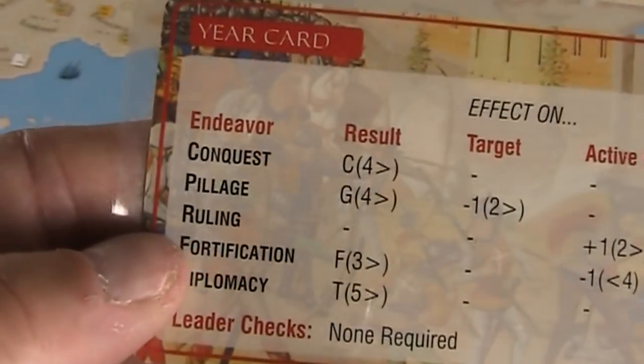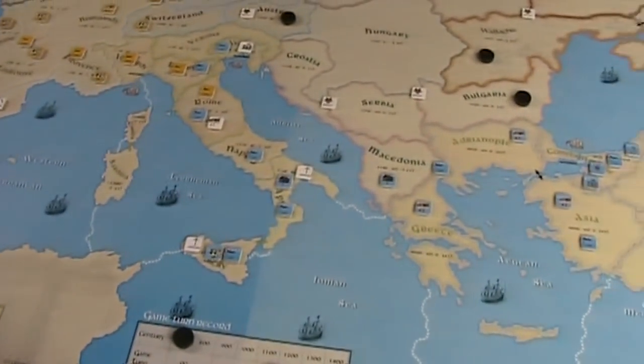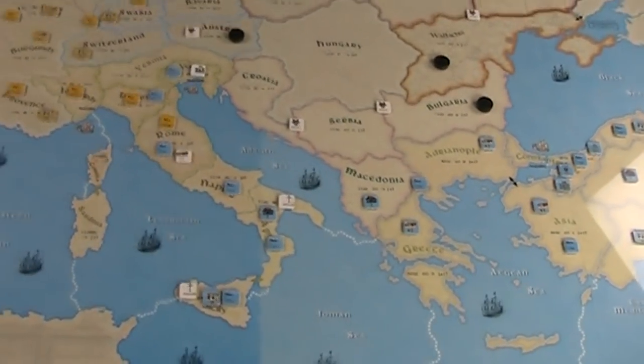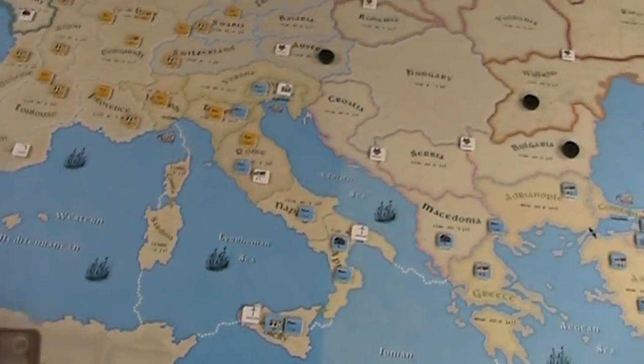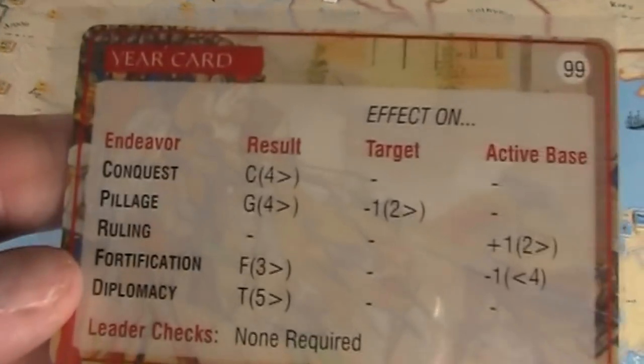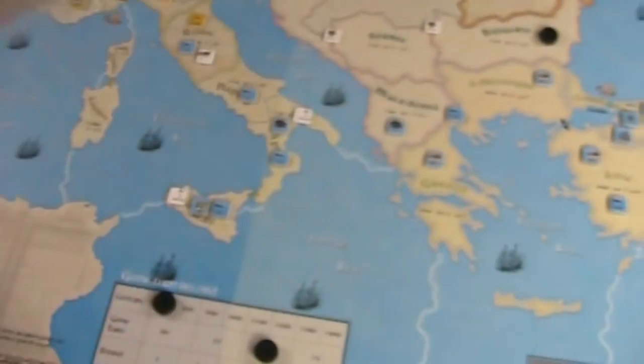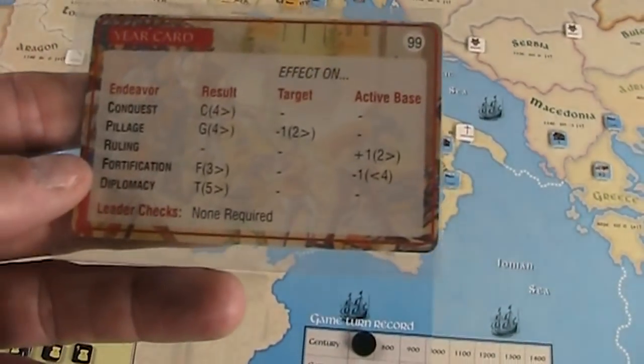Then we have the ruling endeavor, which allows you to improve the social status of one of your provinces. The fortification, that allows you to build a fortification.